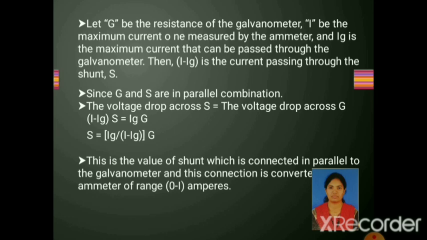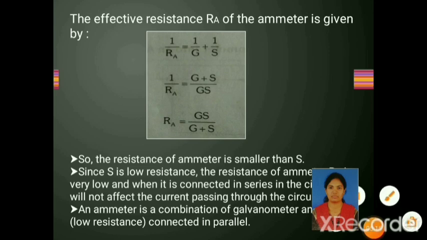So (I minus Ig) into S equals Ig into G. Using this, the shunt resistance S is given by Ig by (I minus Ig) into G. This is the value of the shunt connected in parallel to the galvanometer, converting it into an ammeter of range 0 to I amperes.